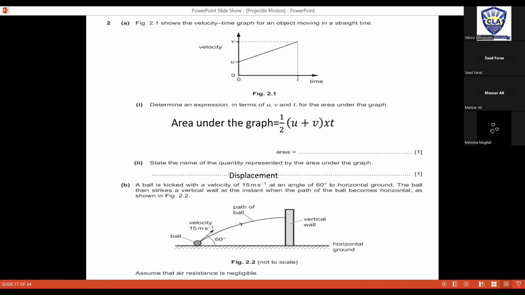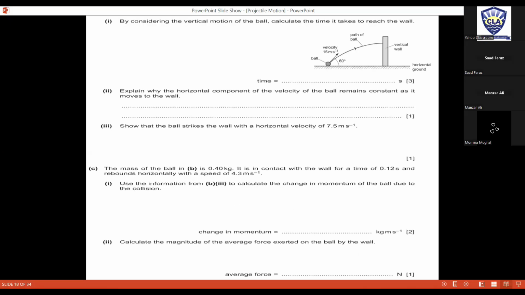Now again we have a question in which an object is thrown with a speed of 15 meters per second with an angle of 60 degrees, and there's a vertical wall. It goes and hits the vertical wall at the maximum height. Time to reach maximum height. So we will have to find the two components of velocity, 15 sin 60 and 15 cos 60.